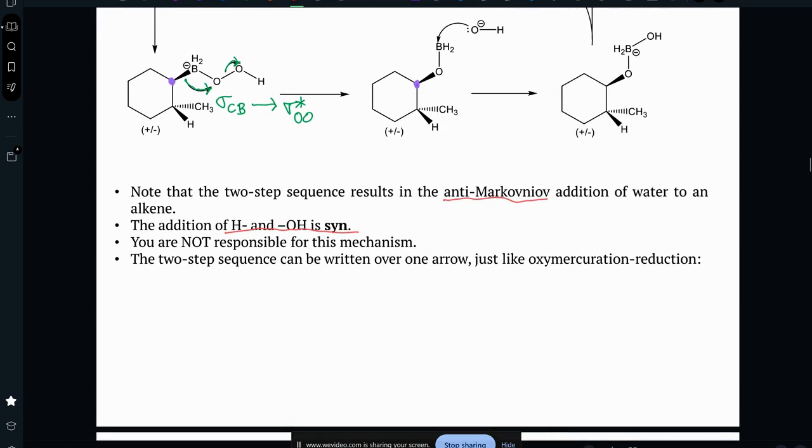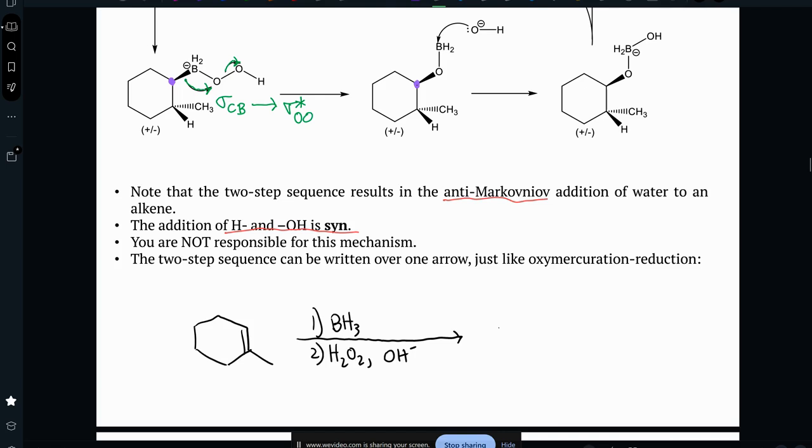So generally, we would write this over one arrow where we could take our alkene. We would write step 1, BH3, step 2, H2O2 and OH minus.